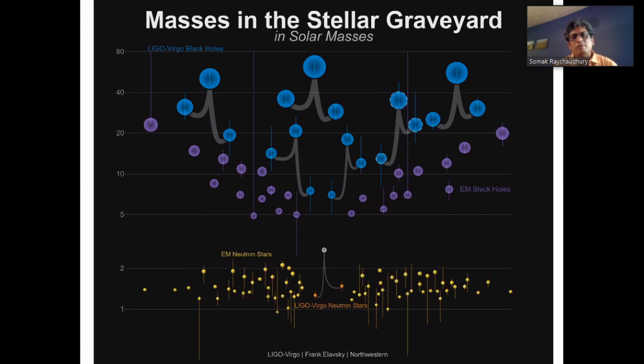These massive black holes and how they are formed is a topic of very active research now, because there are very big puzzles there. There aren't big enough stars in our galaxy that can give rise to some of these black holes, even after they explode. So we have to figure out how these black holes were formed.